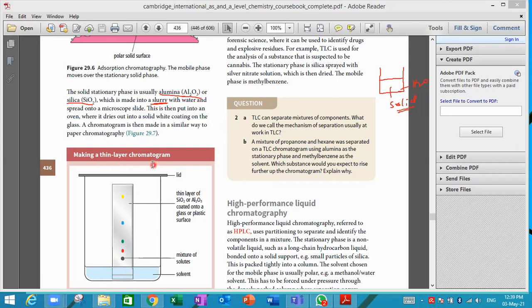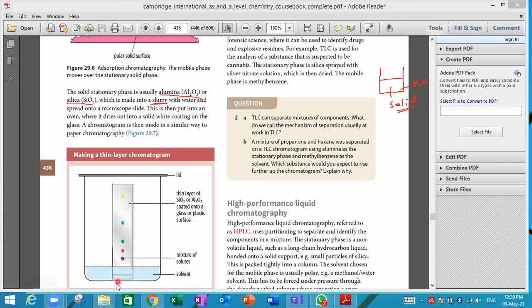So we put a very thin layer of alumina, in the form of a slurry, or silica, and these are white in color. And then they put it in the oven so that it gets hard. And this is how we make a thin layer.